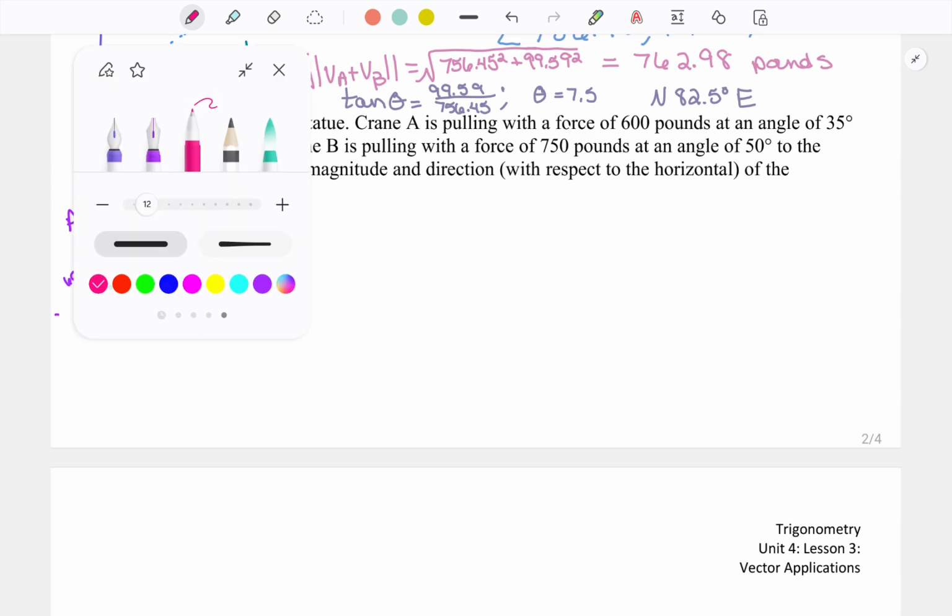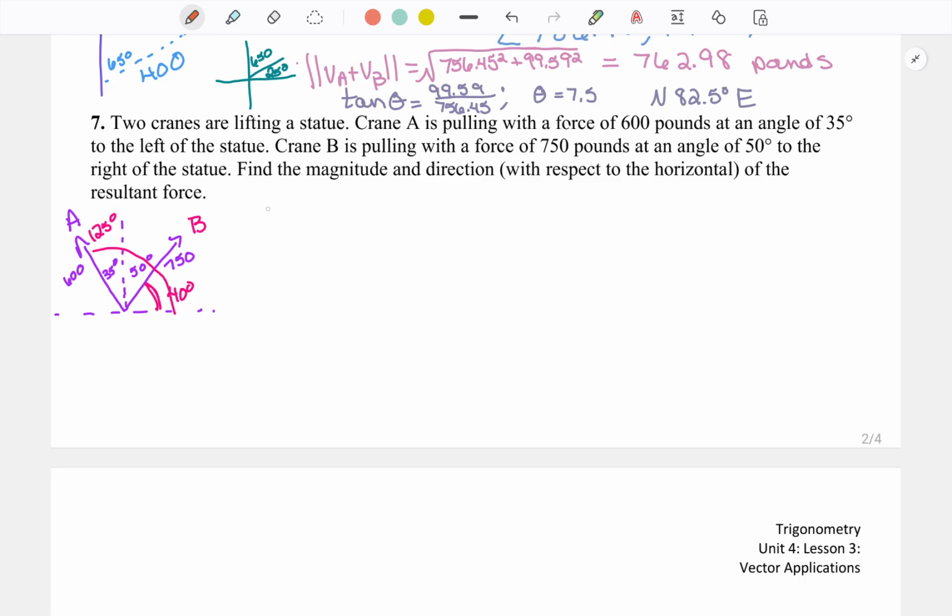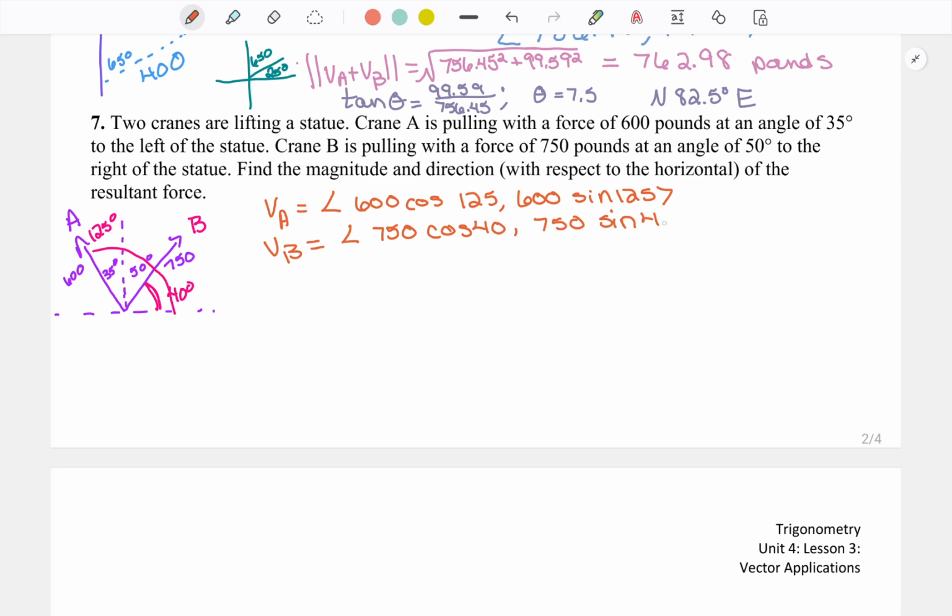So for crane A, that is going to be 600 times the cosine of 125, and then 600 times the sine of 125. For vector B, you're going to have 750 times the cosine of 40, and then 750 times the sine of 40.